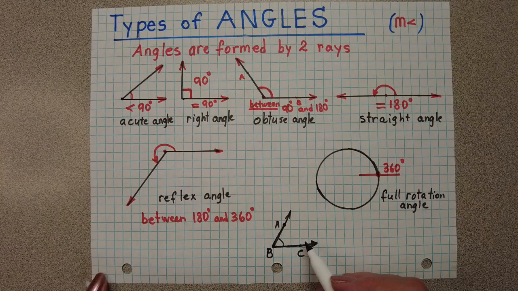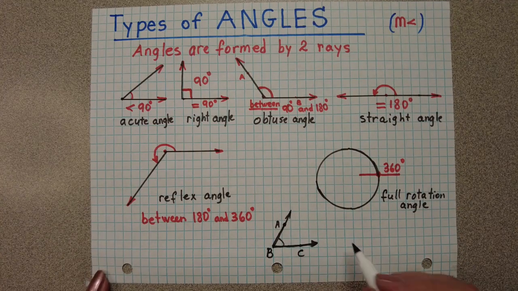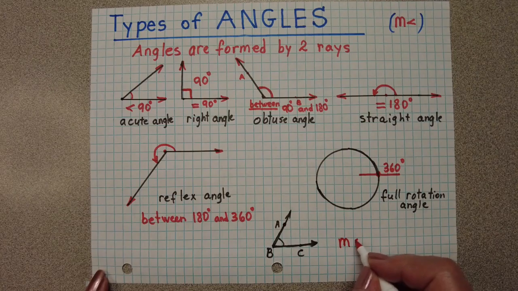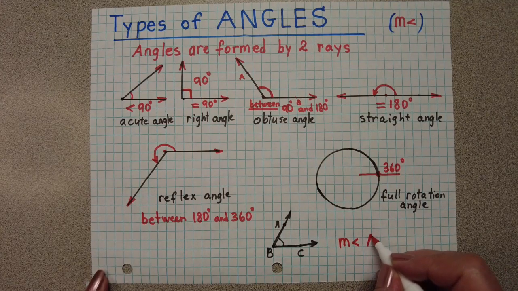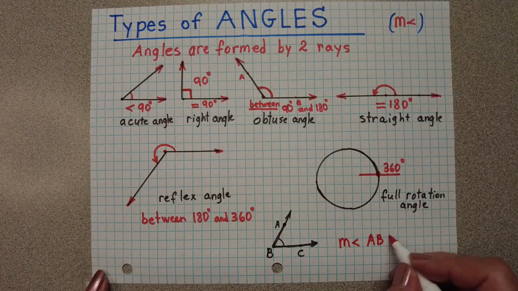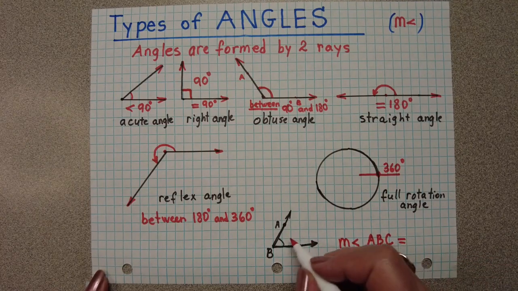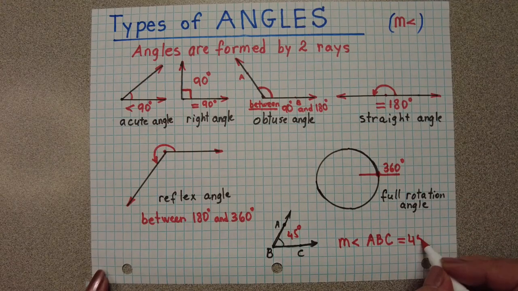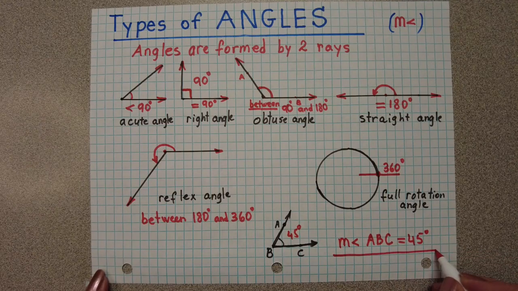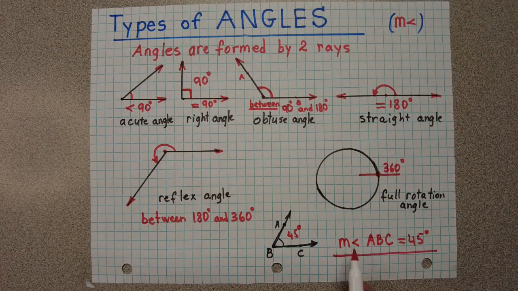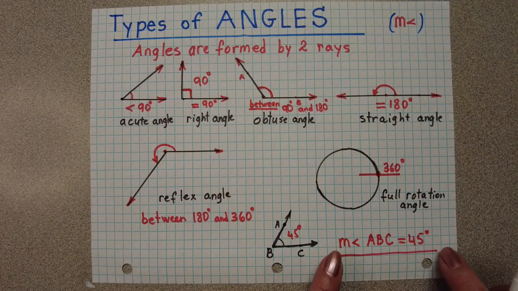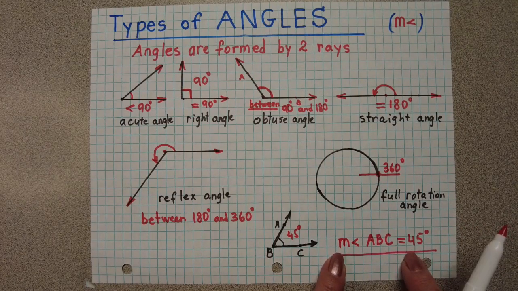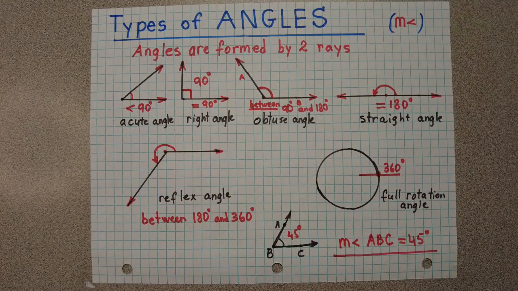The measure I have to write for this angle, I will write like this: measure of angle ABC equals, let's say this is around 45 degrees. 45 degrees. This is the mathematical way to write down the measure of an angle. If you see this M in the future, don't be confused. This is just talking about the measure of an angle.